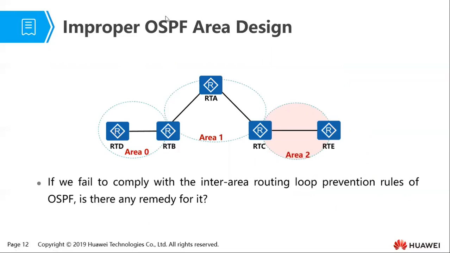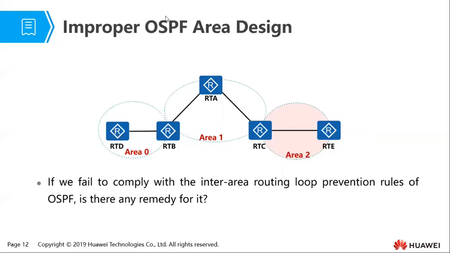Now, as we said, OSPF requires that an ABR should have at least one interface belonging to the backbone area. But this is not always the case. Why? Due to improper network planning and the connection between the routers.